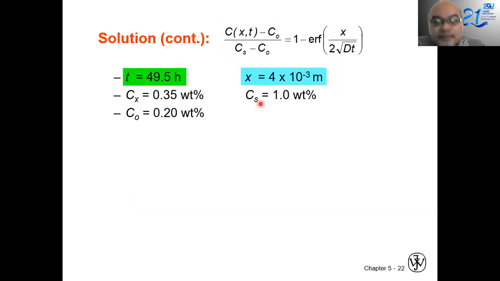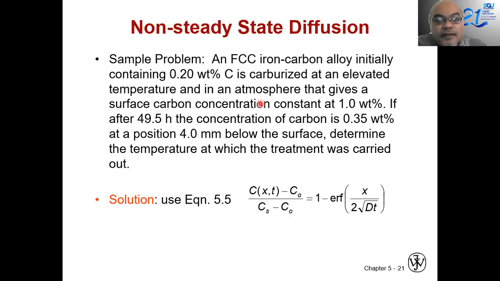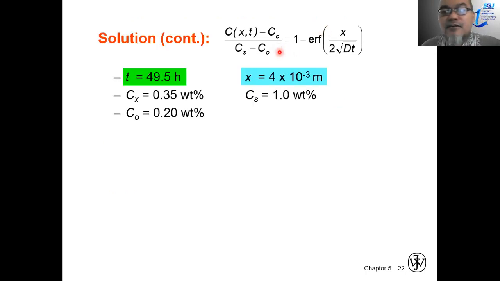Then Cs is 1%. Cs here is the concentration of the carbon being carburized, which is at the surface of the iron. The X is 4 millimeter, so it's 4 times 10 to the power of minus 3 meter.